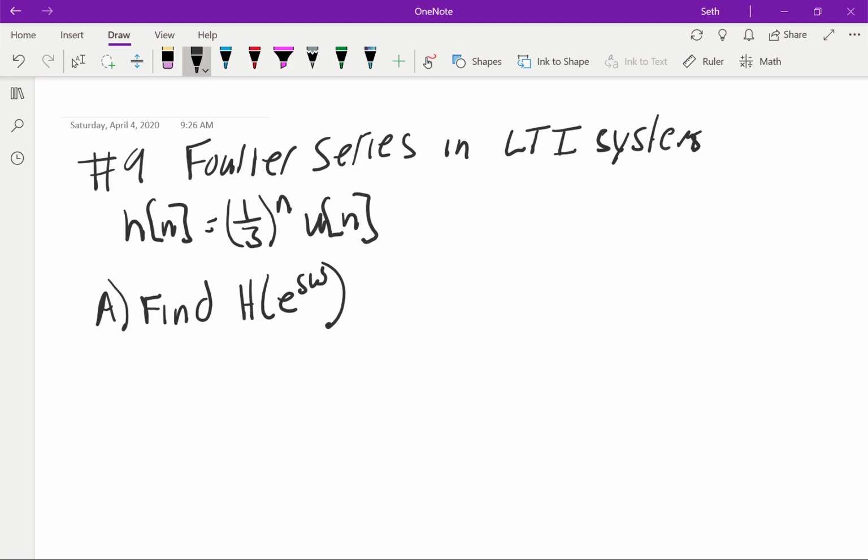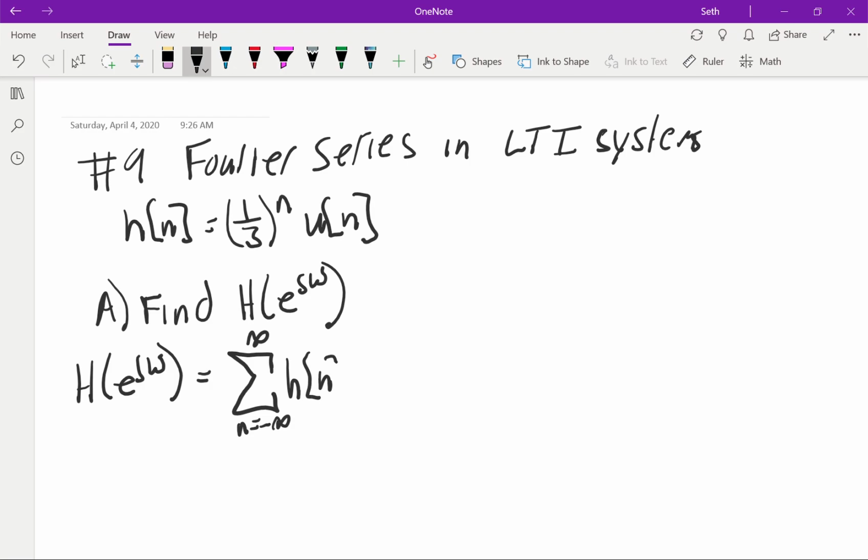So we're just going to go right to the definition and solve it that way. H of e to the j omega is equal to the sum from n equals minus infinity to infinity of h of n times e to the minus j omega n.